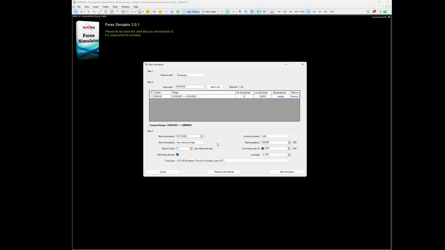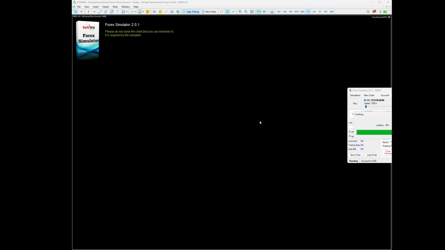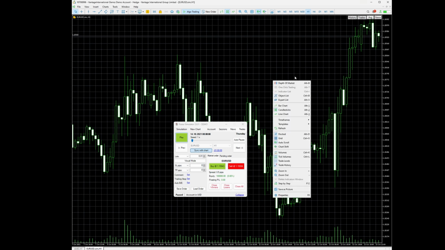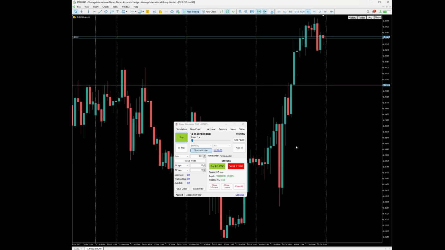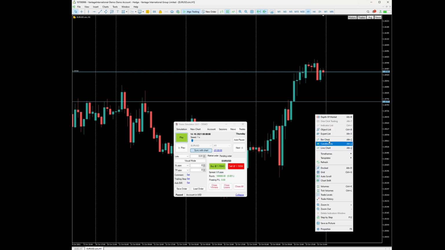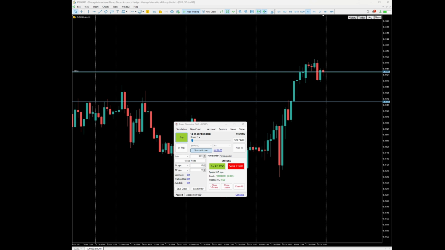So this is the initial configuration. So we started, right? So we have the chart here. We don't want to see this with this, so I created a tiny template that looks a bit better. Object lists, we don't want objects at all, so we just want to remove all of this stuff.